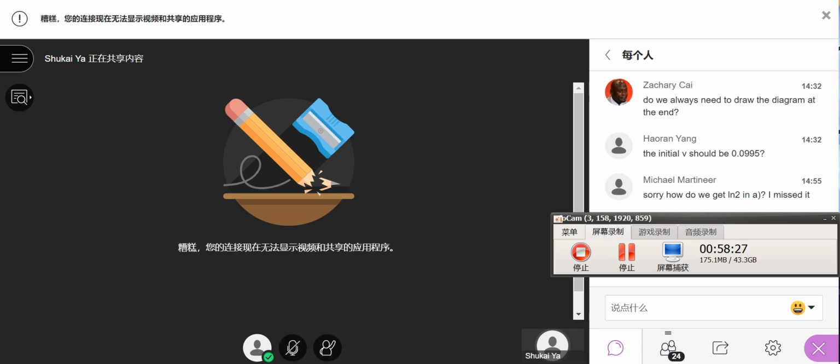Since we already know Tn is equal to 0.499 seconds, then omega n should be equal to 2 pi divided by Tn. Omega n is equal to square root of k divided by m. This we already obtained.